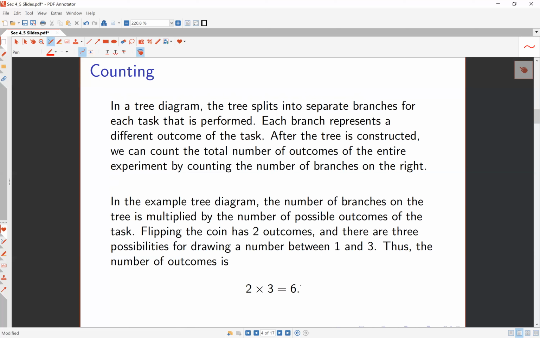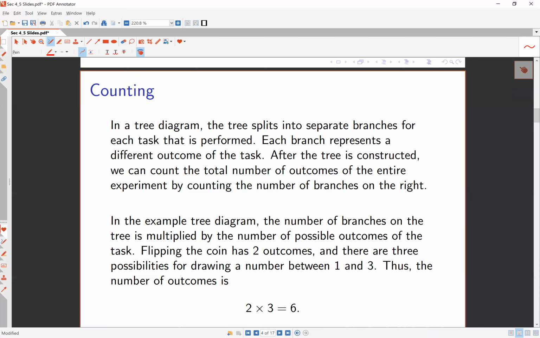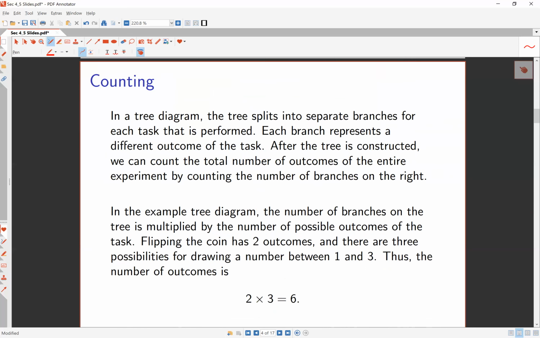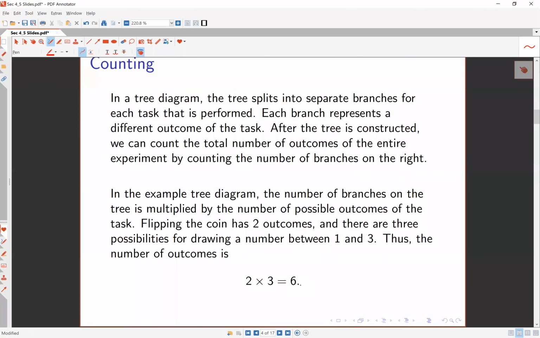So each branching represents a different action, and after each action, you then have potentially multiple branchings, like the coin toss splits heads, tails, but then for each of those outcomes, we need 3 new branches to represent the drawing of the random number. So you could imagine that these trees could get large pretty quickly.